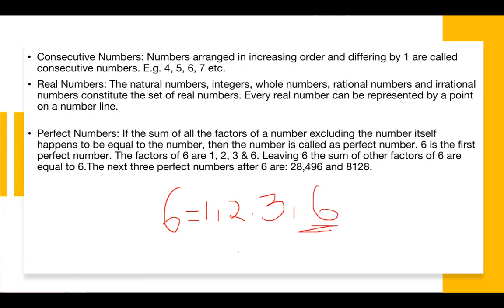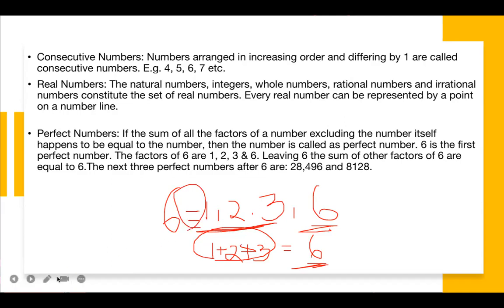We exclude 6, and sum the remaining factors: 1 plus 2 plus 3 equals 6.